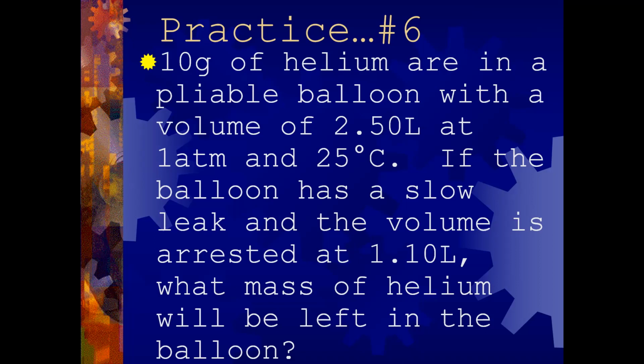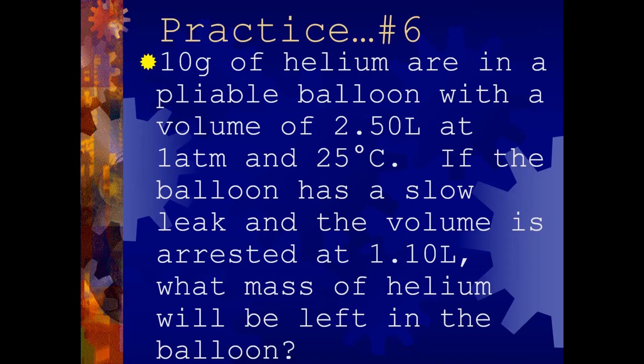We have constant pressure, and temperature is what I meant to say. And we have volume that is reduced to 1.10 and it started at 2.5. Okay, so in this case, we need to write down the data that we have.